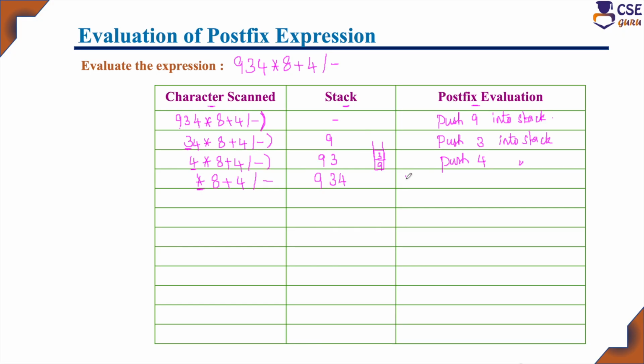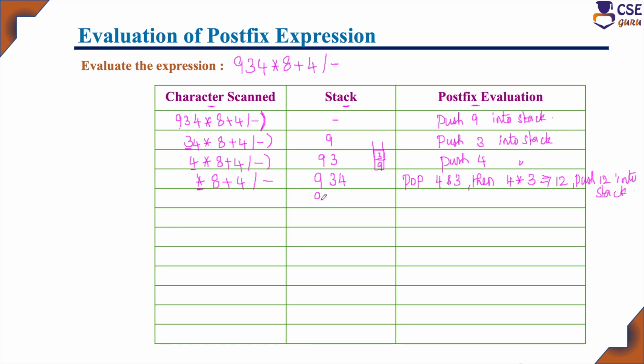So pop 4 and 3, then the operator is 4 into 3, you have to implement. So you will get 12. This you have to push onto the stack. Push 12 into the stack.